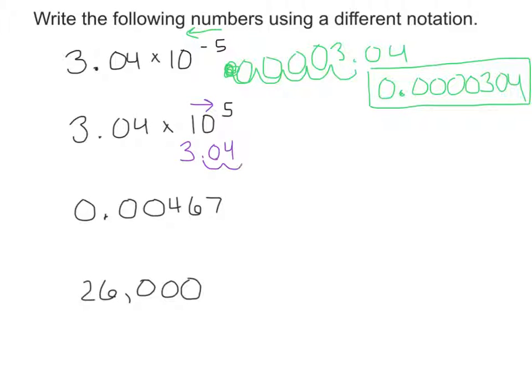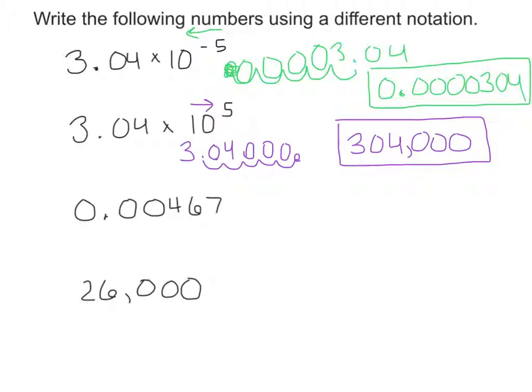So 1, 2, 3, 4, 5. So this is where my new decimal is going to be. And in each of these little dips, I'm going to put a 0 because there's nothing there. That's going to give me 304,000. If you want to, you could put a comma in there to make it easier. That's what we get here.